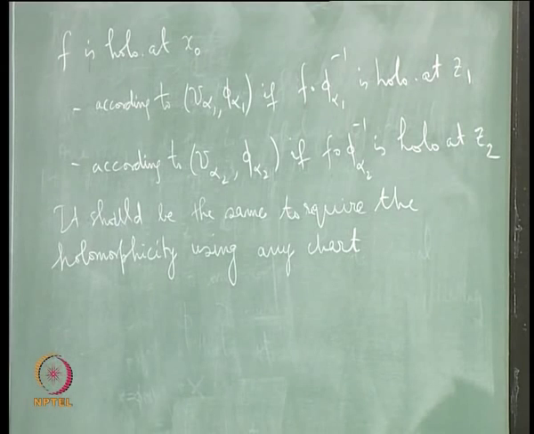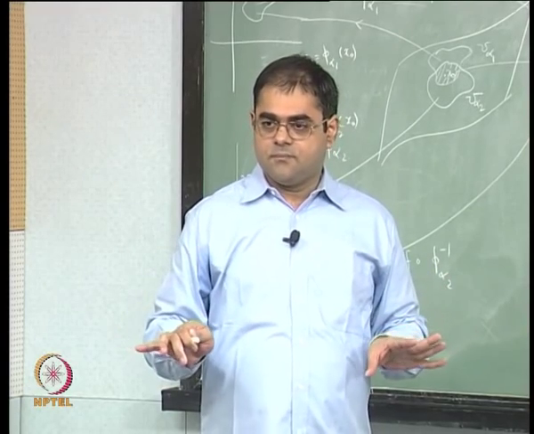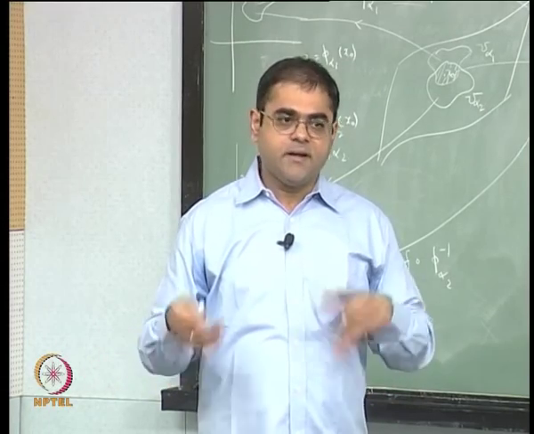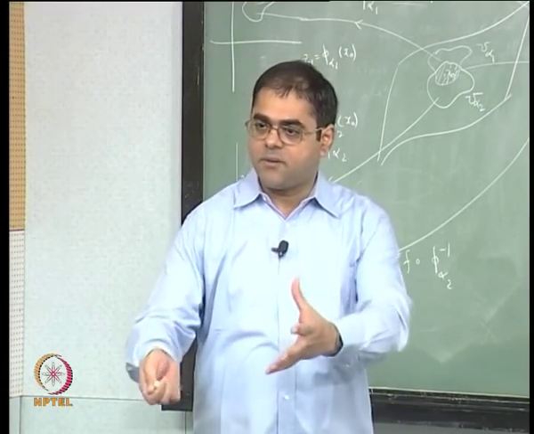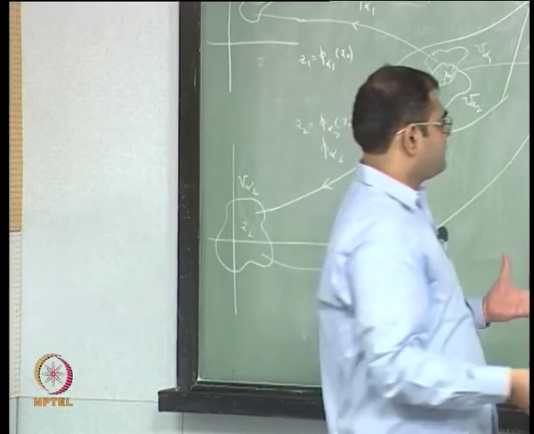So this is the ideal situation: no matter what chart you use, the idea of a function being holomorphic at a point should be unambiguous, because holomorphicity is an intrinsic property. It should be an intrinsic property of a function.